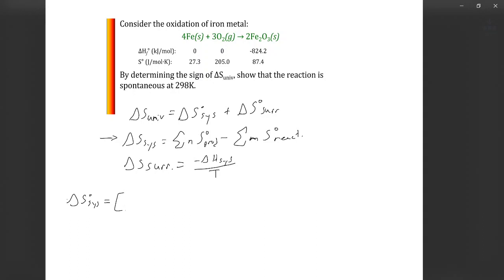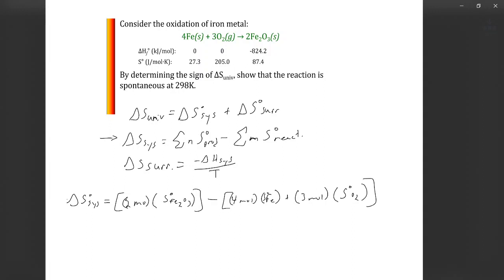Remember, it's the products, so we have 2 moles times S naught for iron oxide, that's the first part, minus 4 moles of iron plus 3 moles of oxygen.